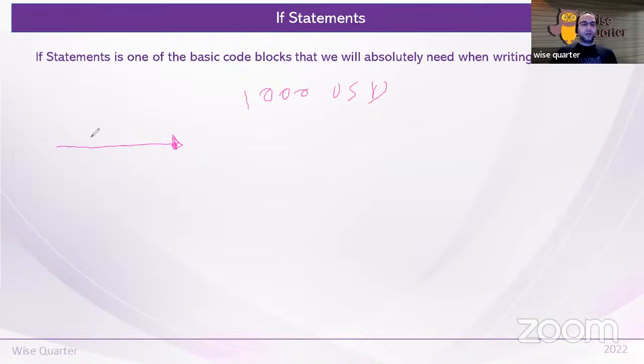The user is trying to withdraw 500 USD. The condition is you will check if the amount is lower than 1000. If the 500 is lower than or equal to 1000, the ATM will give the money because the user has that much money in his or her account.